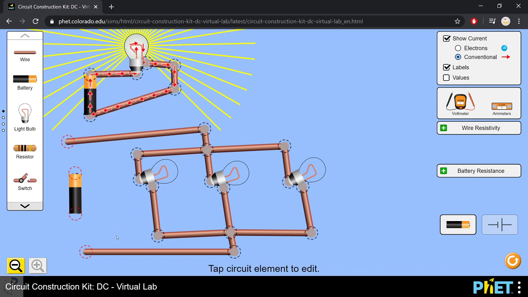When I connect the battery here, is it going to be just as bright, even brighter because I have 3, or is it going to be dimmer because I have 3? Alright, answer now before I connect it. Brighter, just as bright, or not as bright? Take your guess before I connect it.